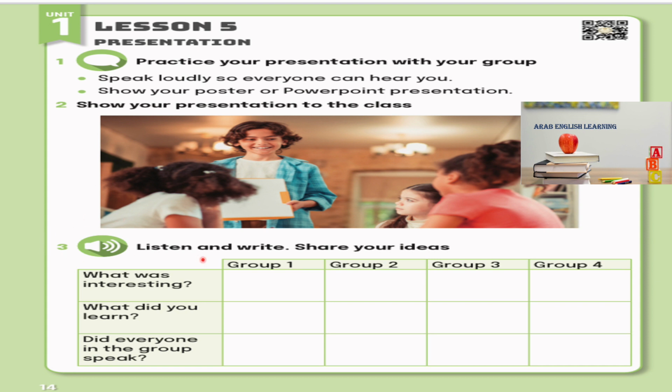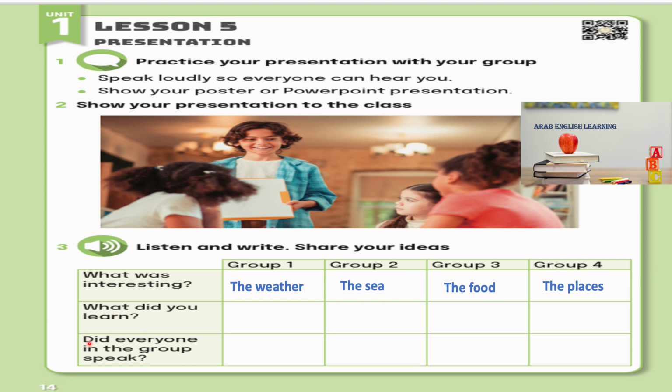Exercise 3, listen and write. Share your ideas. What was interesting? The classroom should be in 4 groups, and each one will write what he thinks is interesting in your presentation. For example, if you're talking about a city, the first group will talk about the weather. The second group will talk about, for example, the famous places or the sea and the food and the places, and so on.